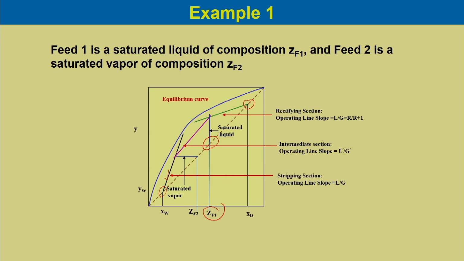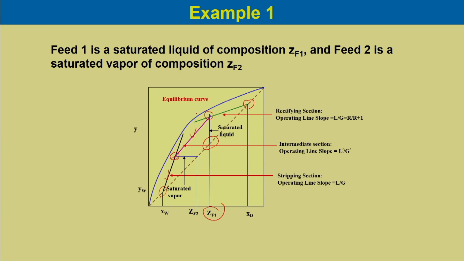As per the slope of the operating line in the stripping section, we can plot this stripping section operating line, and it will intersect the feed 2 line at this location, and this should be satisfied with the operating line between the two feed trays.